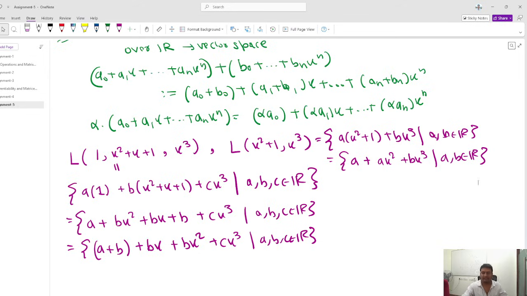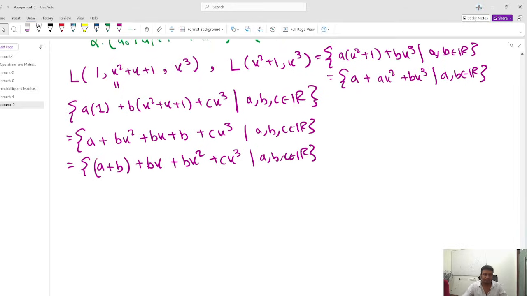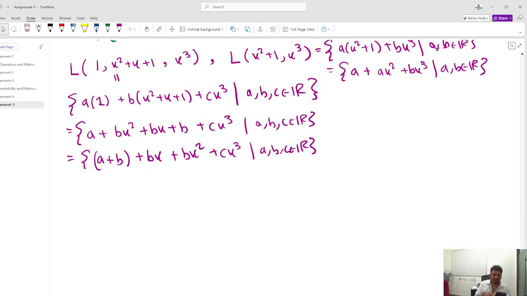Now the fun question begins. What you have to do is check whether these polynomials lie in these sets or not. So what is the first polynomial? The first polynomial is x^2 + 3x + 1. Let us see if it belongs to these.